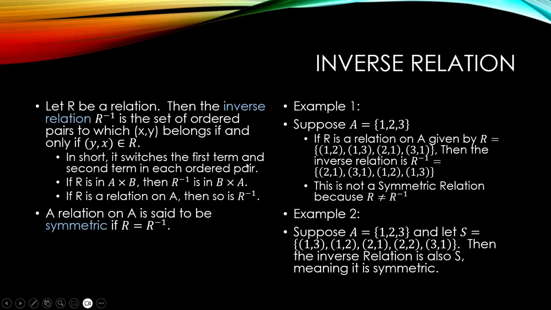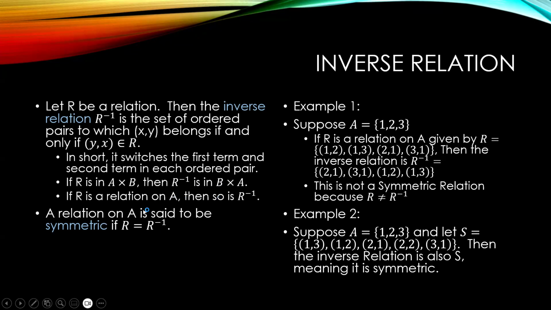In short, it switches the first term and second term in each ordered pair. If R is in A cross B, then R inverse is in B cross A. If R is a relation on A, then so is R inverse.